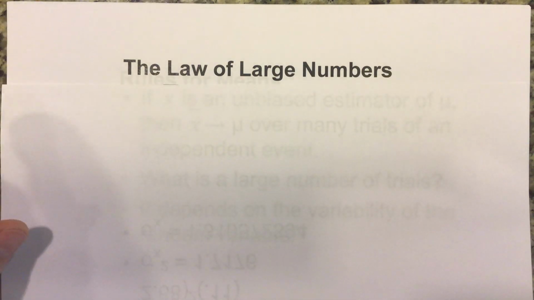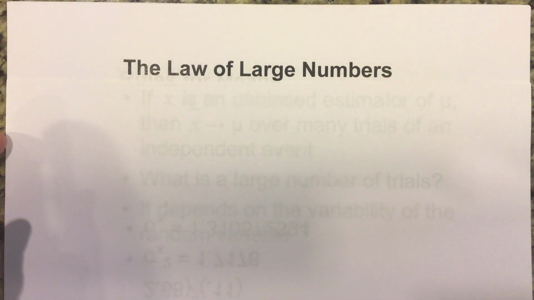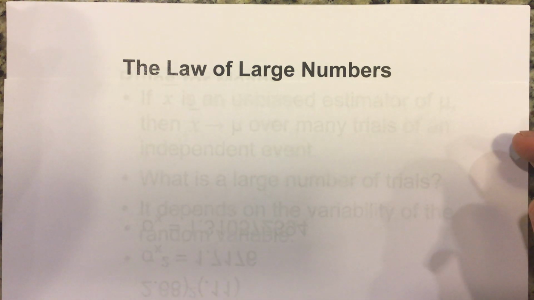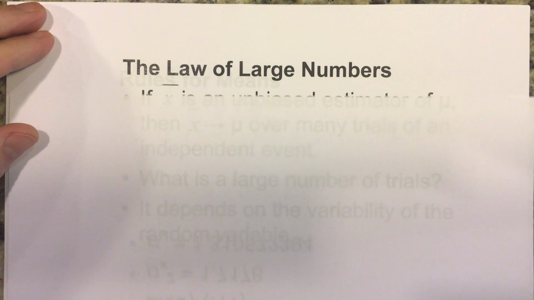All right, that brings us to a fairly important concept in statistics: the law of large numbers. I've been saying this indirectly over and over again, so now that I'm going to show you the actual law of large numbers, it should hopefully make sense.